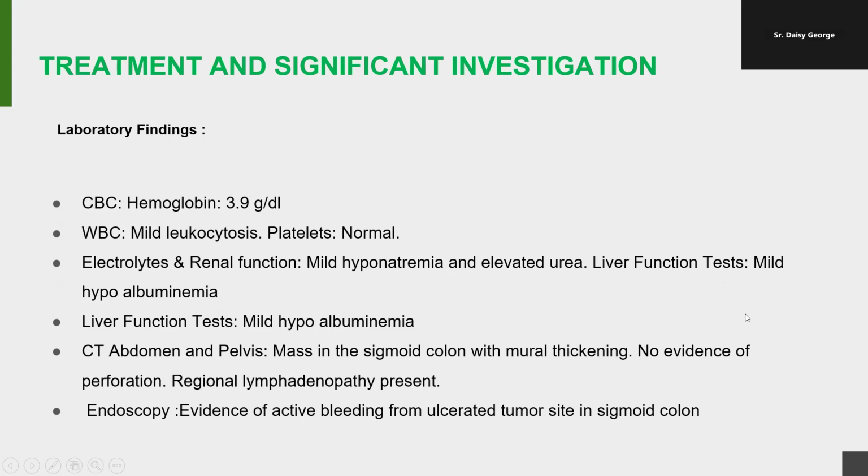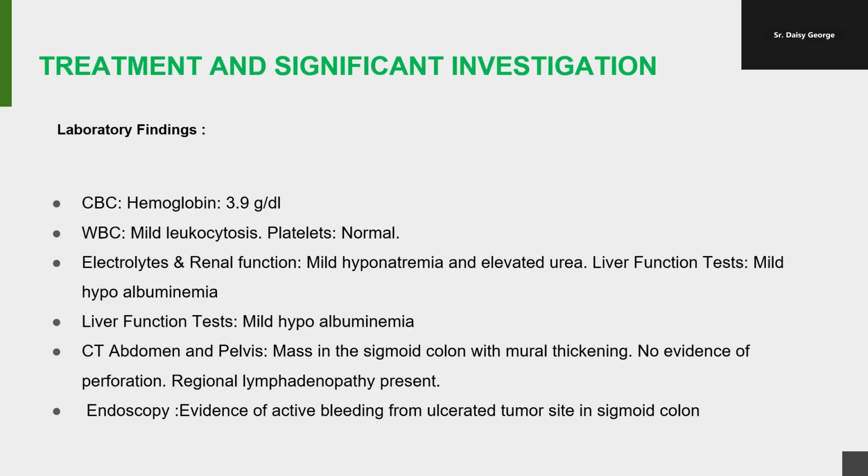Treatment and significant investigation. Laboratory findings: CBC, hemoglobin 3.9 gram percentage, WBC mild leukocytosis, platelets normal, electrolytes and renal function, mild hyponatremia and elevated urea, liver function test, mild hypoalbuminemia.